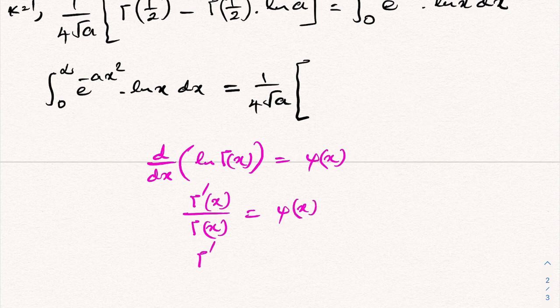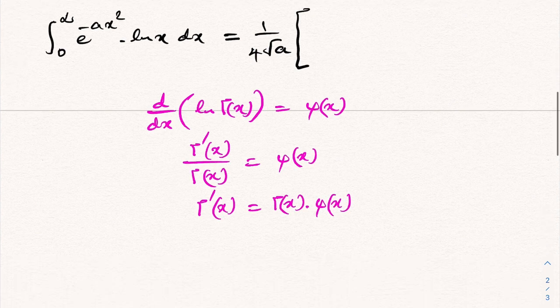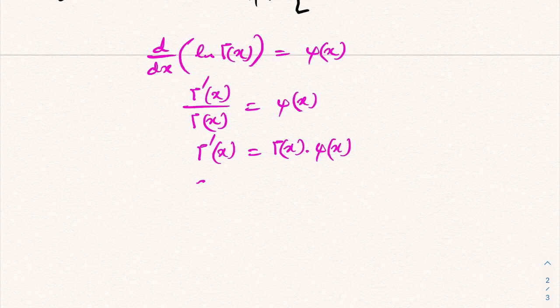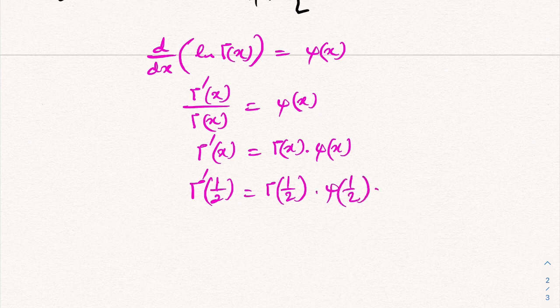Then gamma dash of x is equal to gamma of x times digamma of x. So if we plug in 1/2, gamma dash of 1/2 is equal to gamma of 1/2 times digamma of 1/2. Gamma of 1/2 we know is square root of pi, and digamma of 1/2 we know is minus gamma minus 2 times natural log of 2.